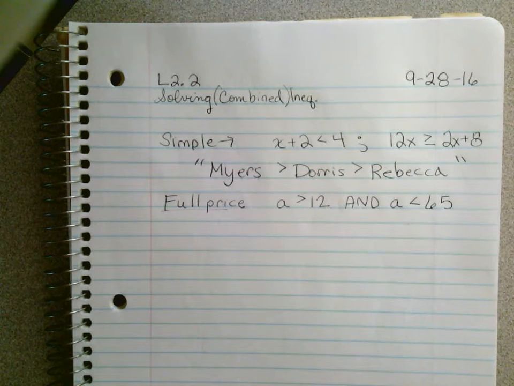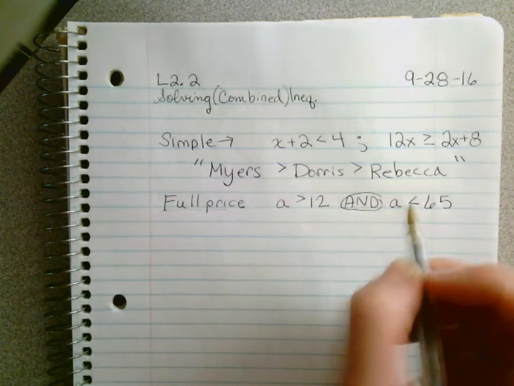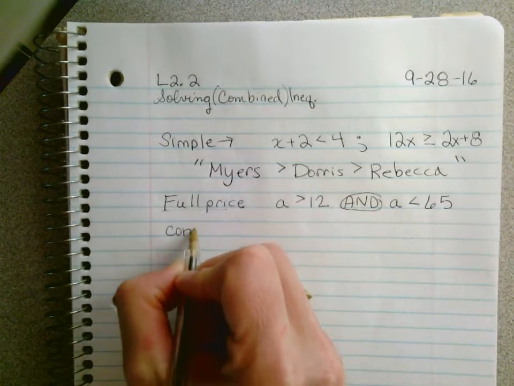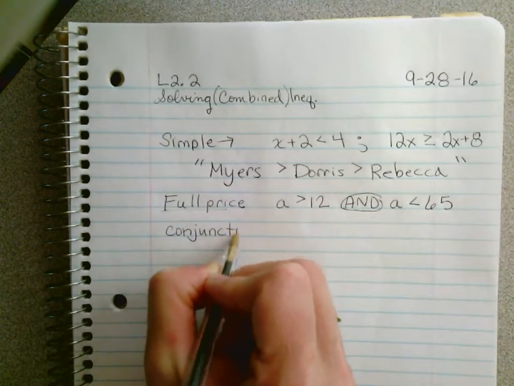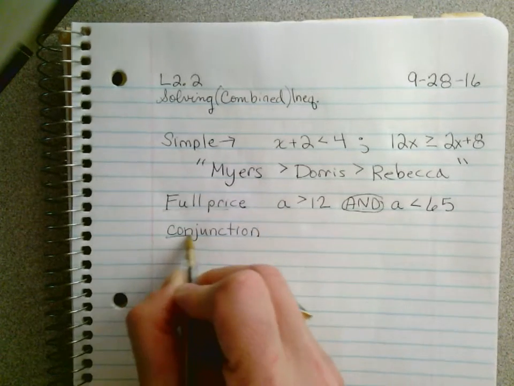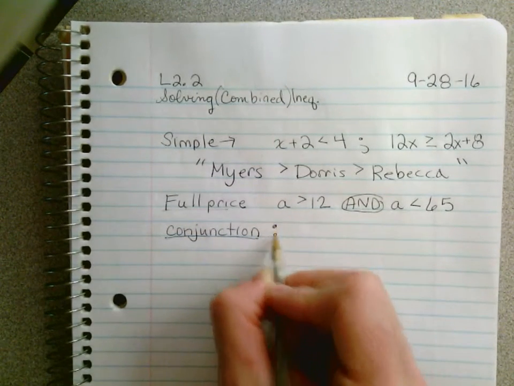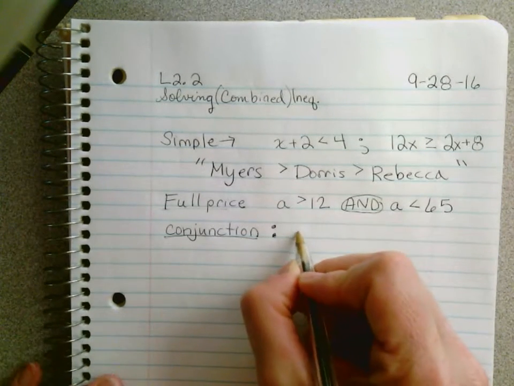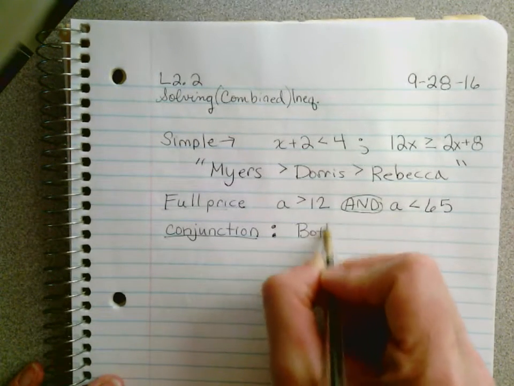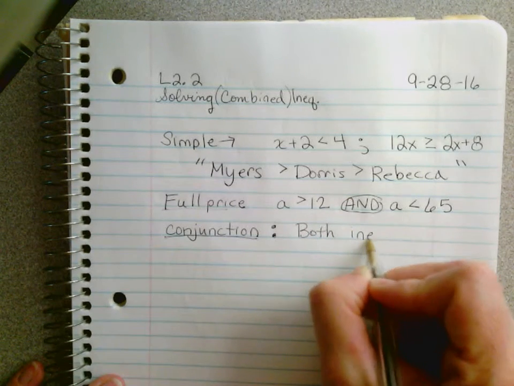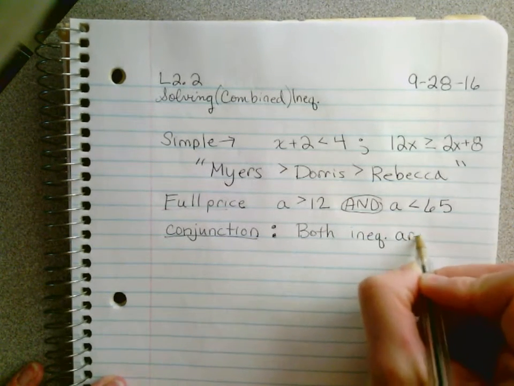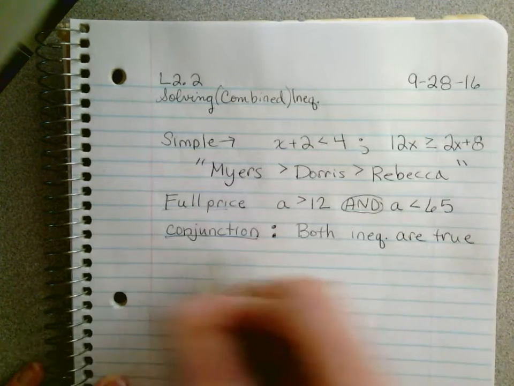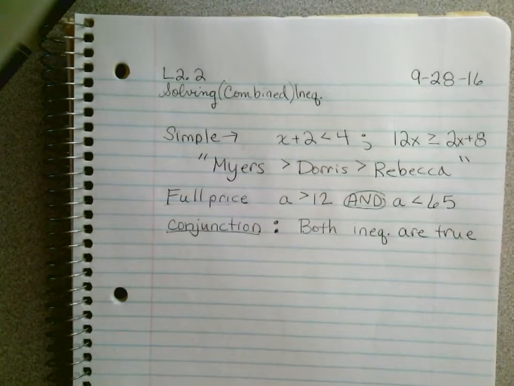In any case, this word "and" is a conjunction. English terminology, crossing over. Conjunction is when both inequalities are true. They're calling them both sentences here, but we're talking about inequalities.